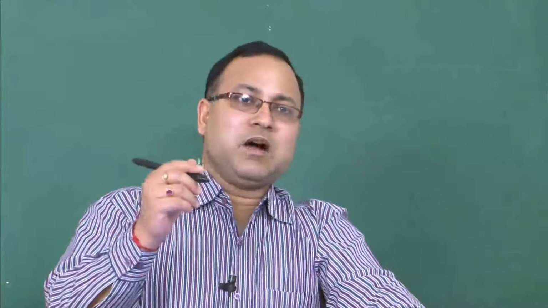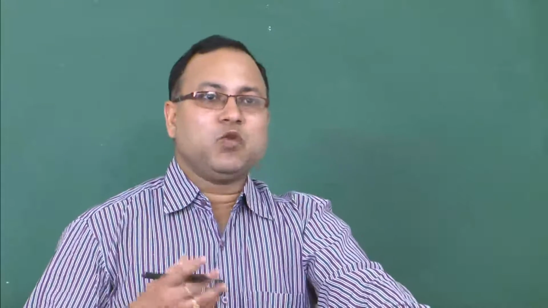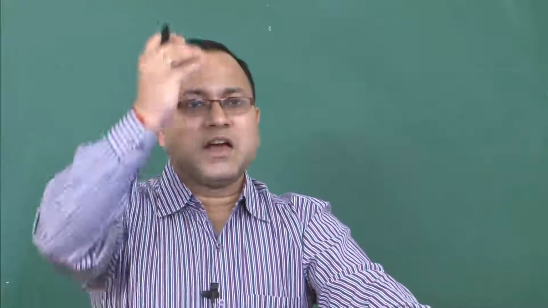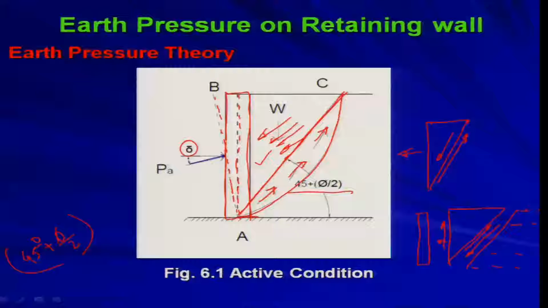So, the steel wall will act more like a smooth wall, that means you do not have any roughness at the interface, whereas the concrete wall will provide some roughness, and because of that you will get different values of delta.